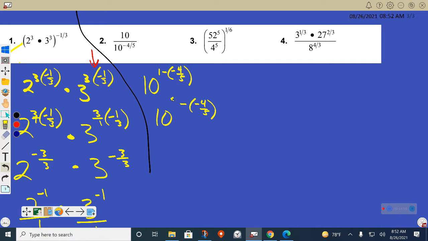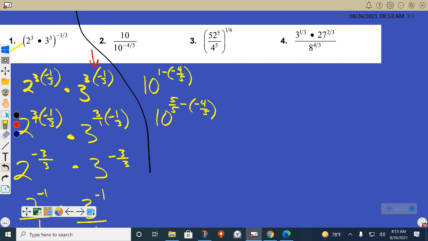I took the 1 and made it 5/5, and now I can subtract the fraction because I have the same denominator. You can write the number 1 in an infinite amount of ways: 1/1, 2/2, 3/3, 4/4. So this is really 1 now minus a negative 4/5.